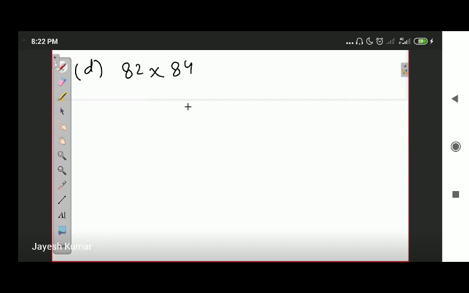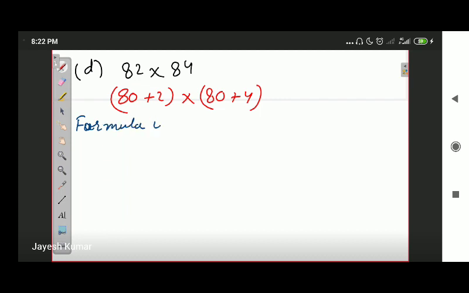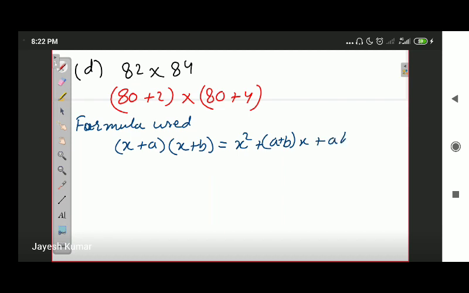D part is 82 into 84. You can rewrite it as (80 + 2), that is 82, multiplied by (80 + 4), that is 84. The formula used is the same: (x + a)(x + b) = x² + (a + b)x + ab.